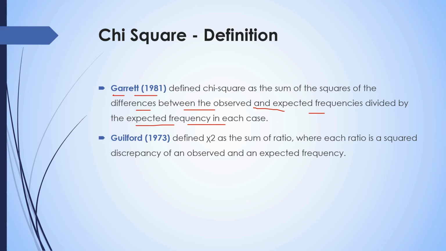This may sound a bit difficult, but this is the easiest definition you can see, because this definition actually tells you the formula of the chi-square which you will be using while computing the questions.